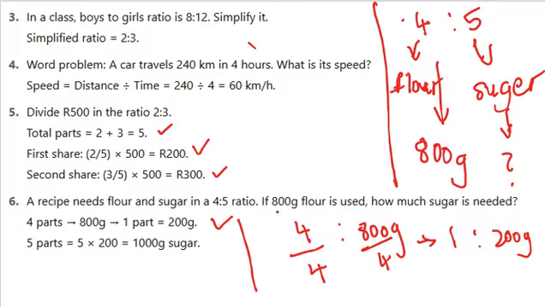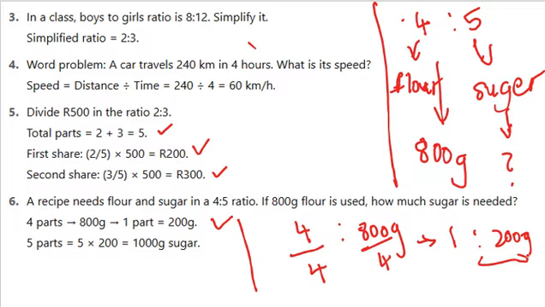Which means 800 grams of flour corresponds to 4 units, right? It gives us the simplified ratio of 1 is to 200 grams. Okay, then this is gonna help you a lot. Since once you have found this, it tells you that 1 part is actually 200 grams.